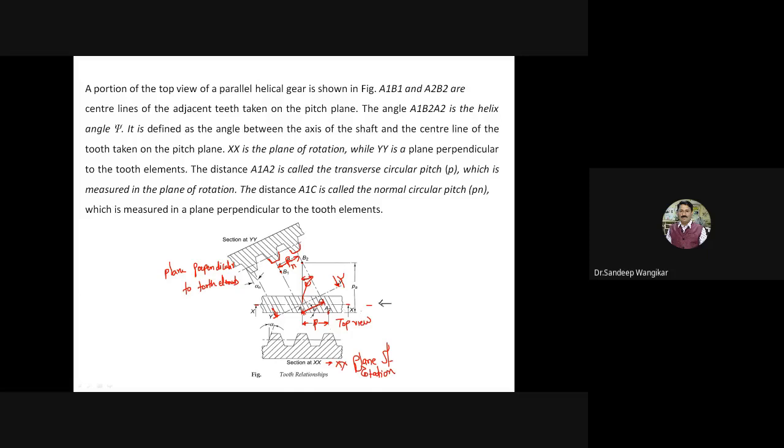So in the plane of rotation, one section x-axis is taken, and section y is taken at the perpendicular, where the two teeth are cut at perpendicular. So here p is the transverse circular pitch, pn is the normal circular pitch, alpha is the transverse pressure angle, and alpha n is the normal pressure angle. In this case we call it the module, and in this case, we call it the normal module.